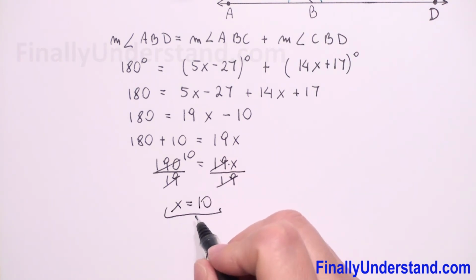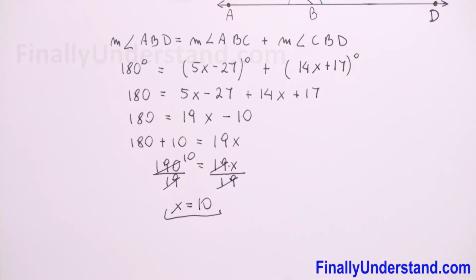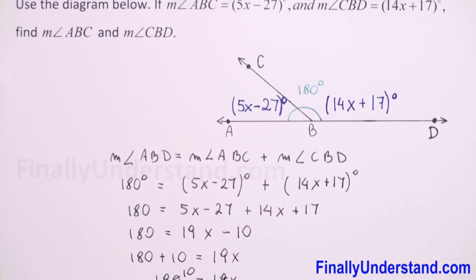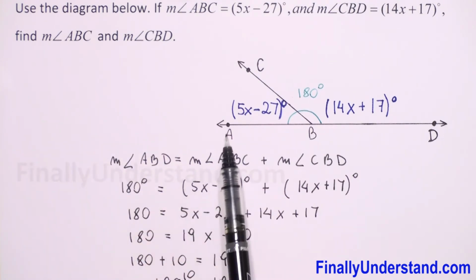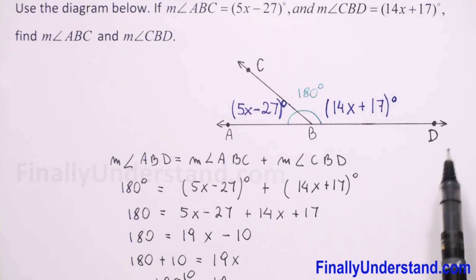We have x. So now it will be very easy to find our angles. We need to find the measure of angle ABC and CBD. How can we do this?